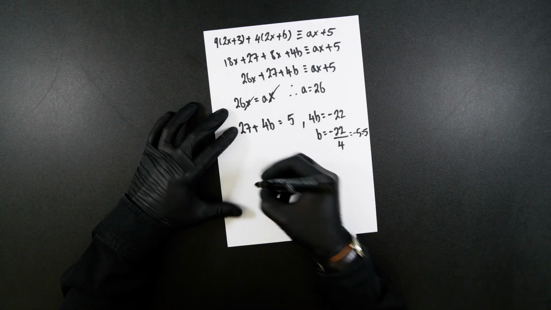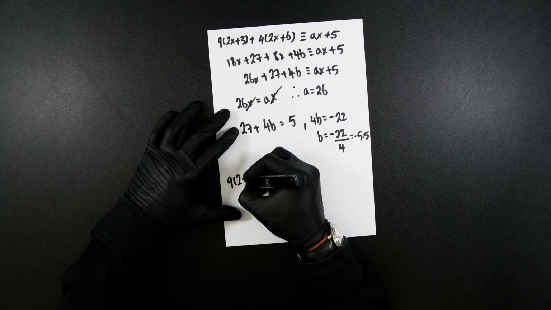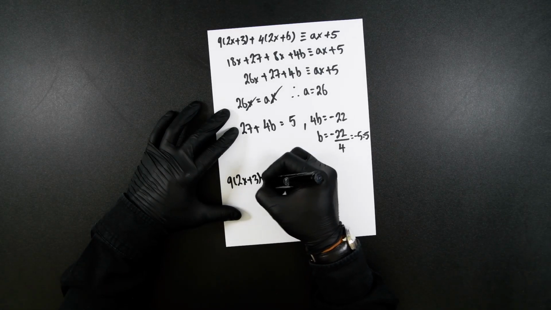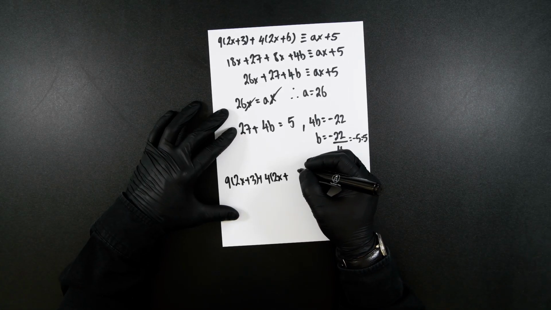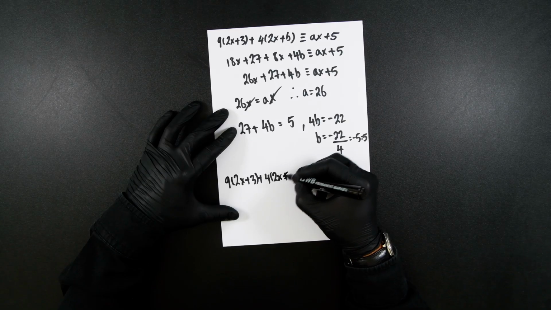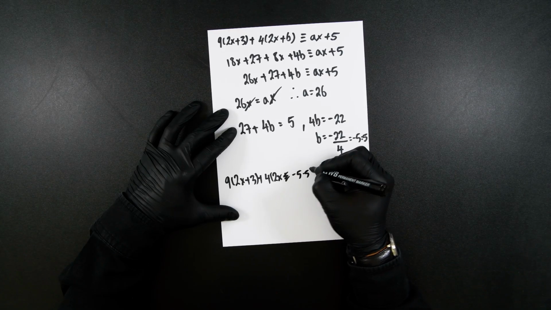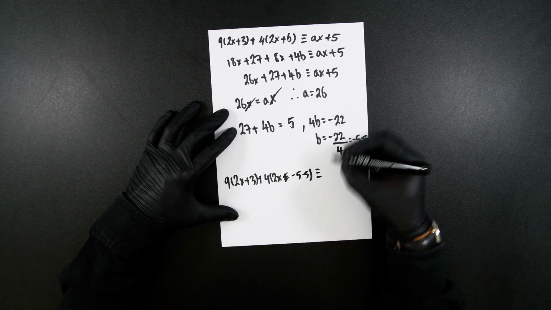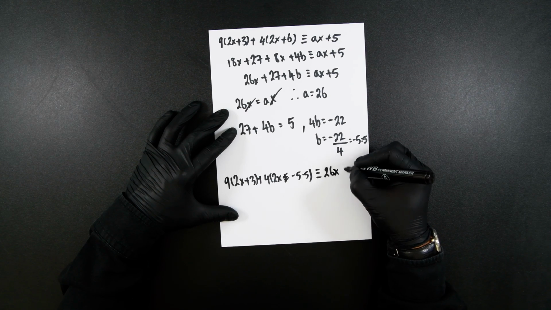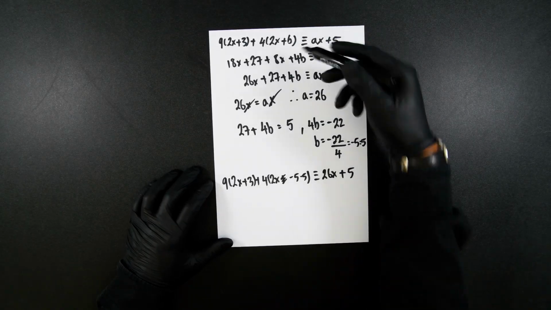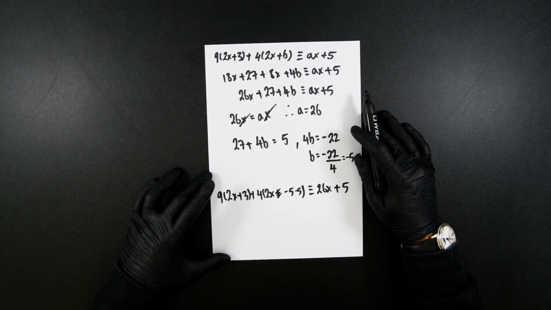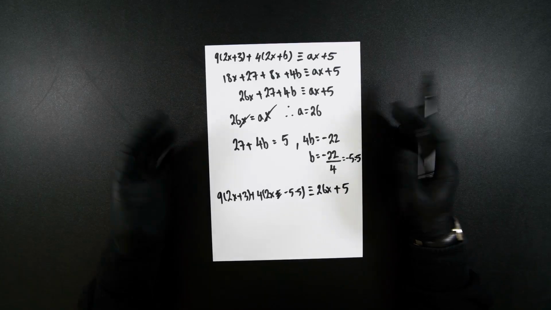So now, if we plug it in, it means that the left-hand side, 9, 2x plus 3 plus 4, 2x plus b, which we know to be minus 5.5, is congruent to a, which is 26x plus 5. So we've now found out what all the solutions are here on the left-hand side and the right-hand side by equating coefficients.